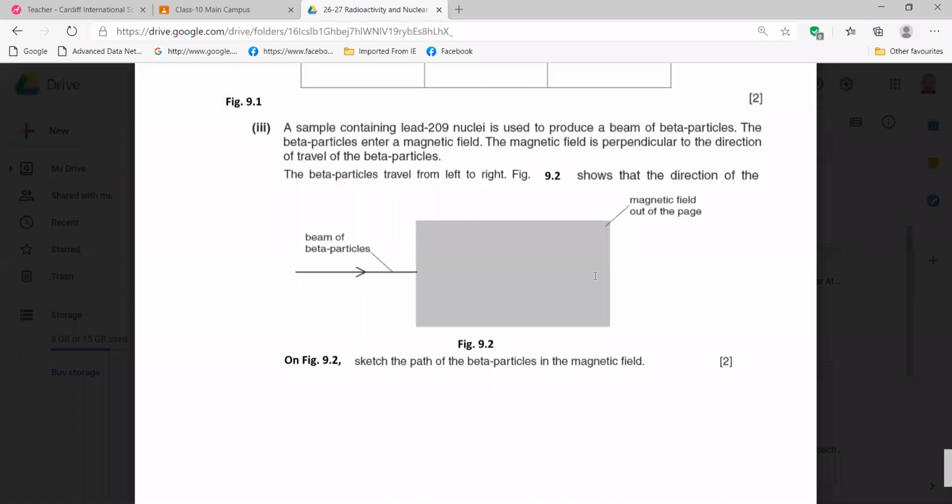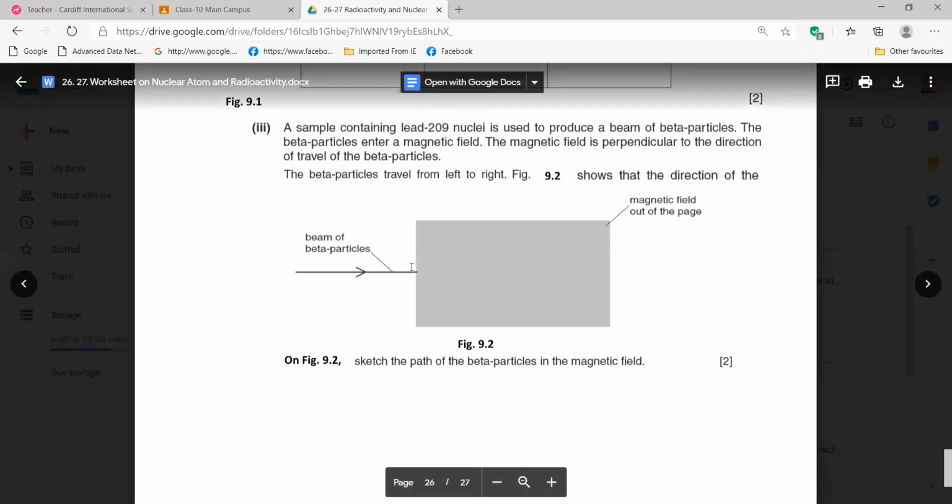As the beta particle, you know, is an electron, negatively charged, when it is moving we are having the concept of current, flow of electrons. The conventional direction of current is opposite to the direction of electron flow, right?